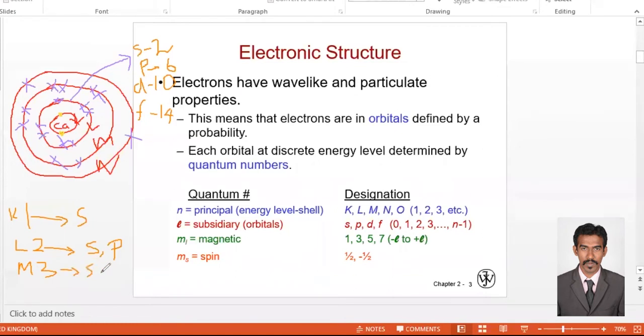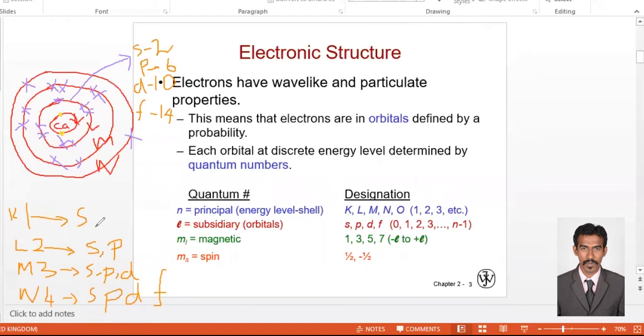And in the N orbit, we will have s, p, d, and f.